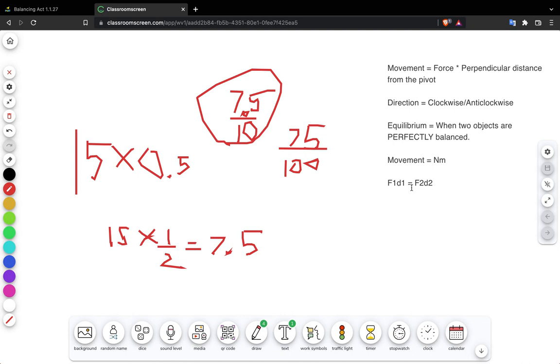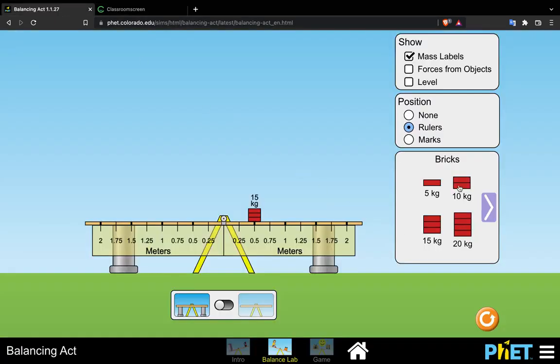So F1 D1, which is movement 1, is equal to 7.5 upon F2. F2 is 10. Alright, 75 upon 100, and to convert this into decimal form, it is 0.75. I apologize again for my handwriting, but let's just test it out. Let's see. Do they balance? There you go. They do balance completely.